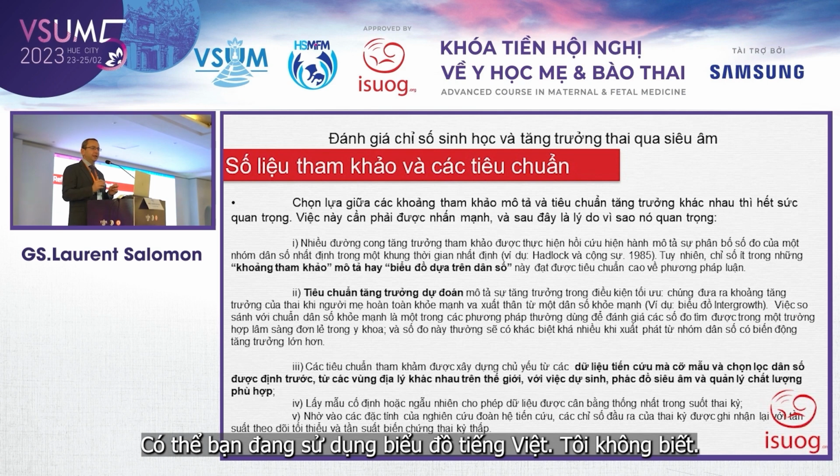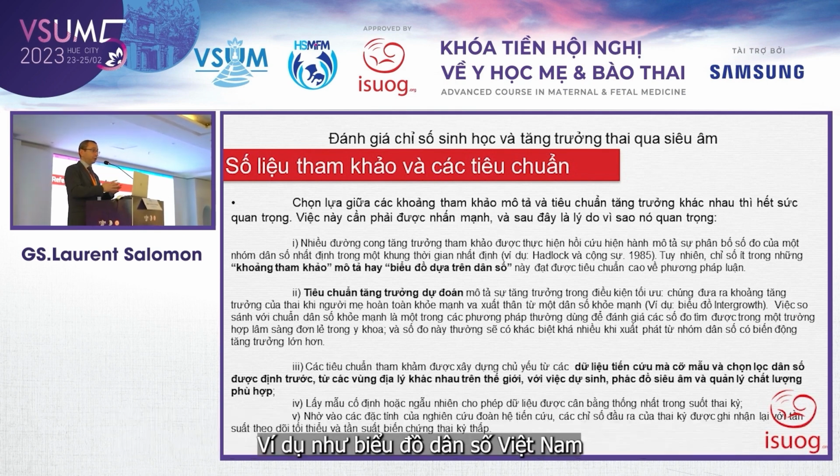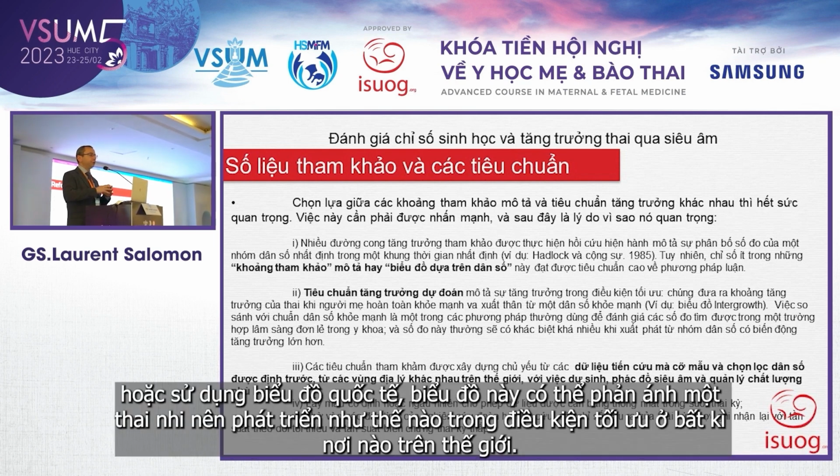Maybe you are using Vietnamese charts, I don't know, but it's a big debate all over the world to know whether you should be using local descriptive charts. So for example, charts that are based on the Vietnamese population, or whether you should use internationally developed charts that may reflect how a fetus should grow anywhere in the world under optimal conditions.